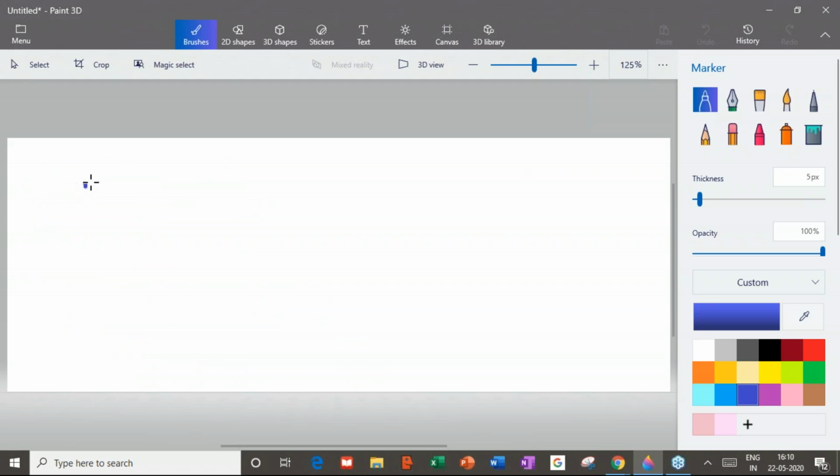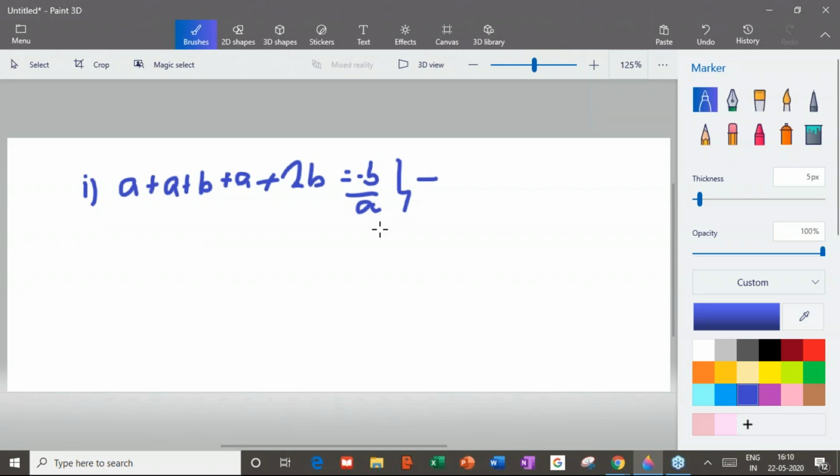So there will be two equations. One will be a plus b plus a plus 2b is equal to minus b by a. Substitute the value here. What is minus b by a? This is nothing but 6 by 1. It's already a minus sign, minus minus 6, so it will become 6. Correct? When you simplify this, you will get one equation.